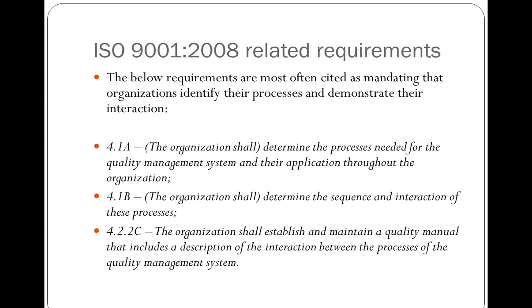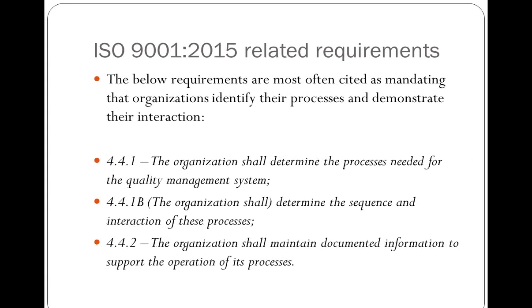Now, as I'm sure you're well aware, there's no longer a requirement for a quality manual in ISO 9001-2015. However, there are still requirements that mandate an identification of processes, and those are as follows.